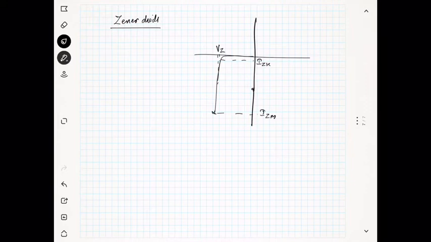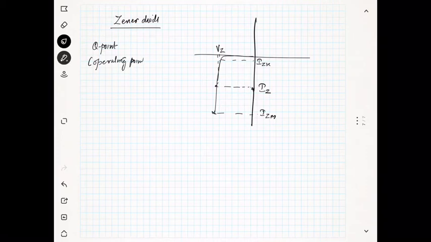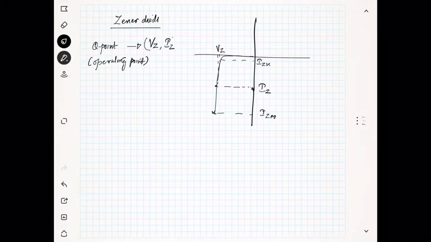The optimum current, or the good operating region, is nothing but Vz and Iz. So the Q point, or the operating point, is Vz and Iz. Okay, this is IF and this is IR, reverse current.